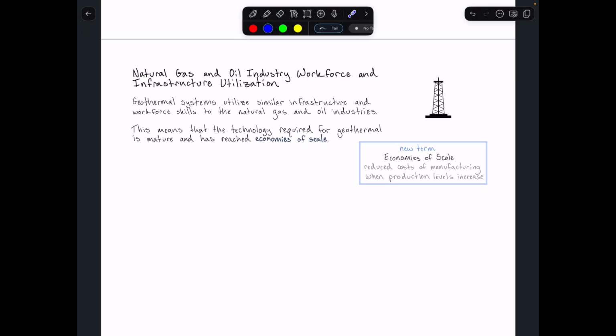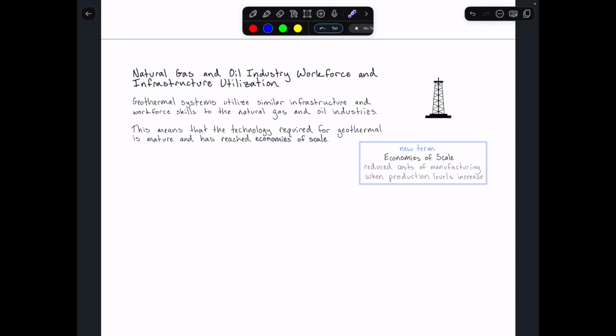So geothermal systems are pretty limited in how much they've been built out to date, but enhanced geothermal systems will allow geothermal technology to be built in many other regions. This normally would require developing a whole new supply chain of infrastructure to build out these plants.